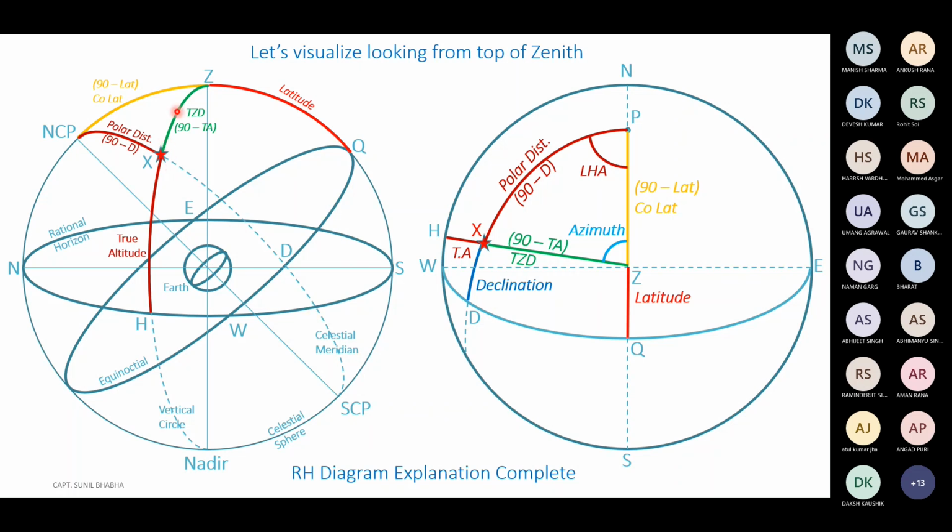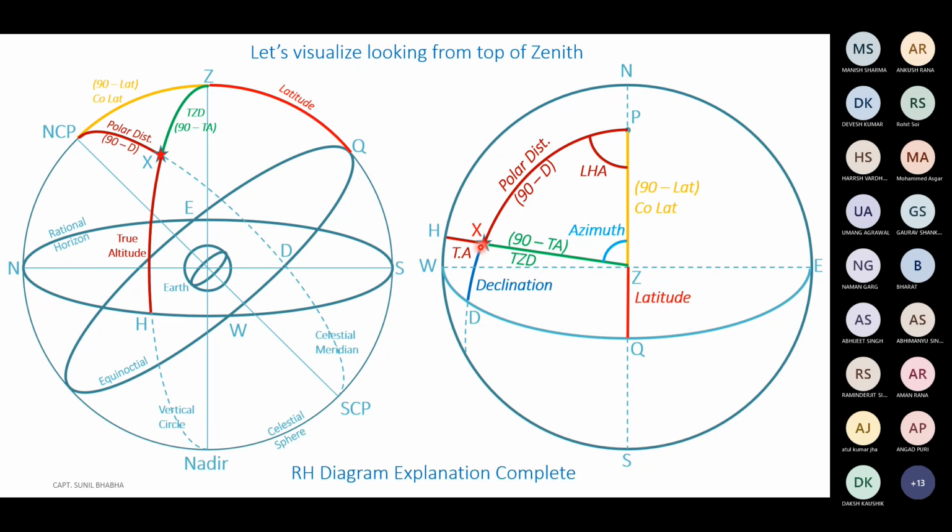Now the third side, which is the ZX side, is the part of the vertical circle passing through the body. All vertical circles are also semi-great circles. So this triangle, the PZX triangle, is a spherical triangle because it is made on the surface of a sphere, which is the celestial sphere, and all three sides of which are arcs of great circles.